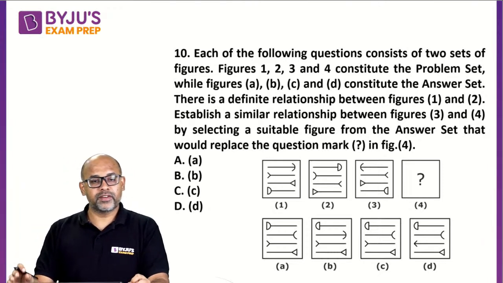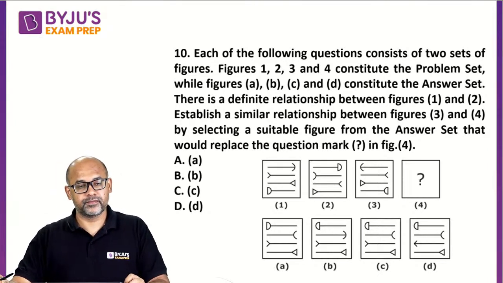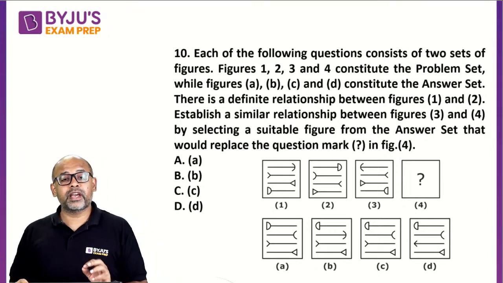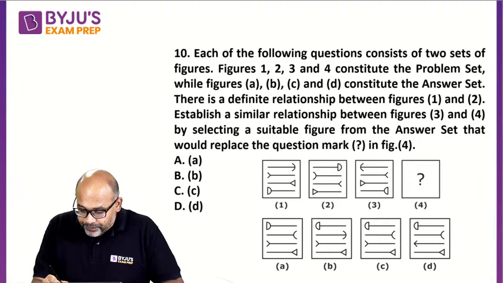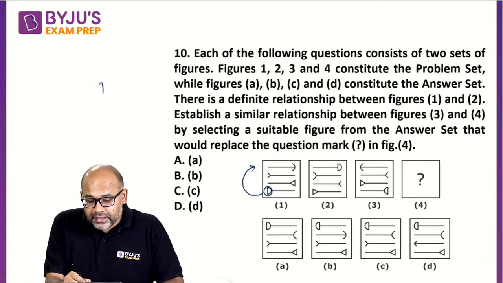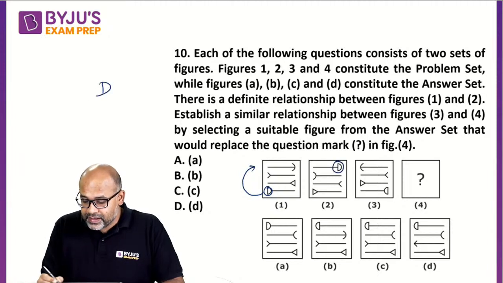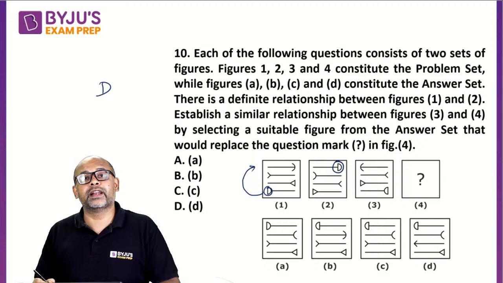Okay, people are giving different answers. So this requires a little bit of careful observation. 30 seconds are up. Firstly, what is happening is this has been pushed up, and the D, which is on the left hand side, is going on to the right hand side.